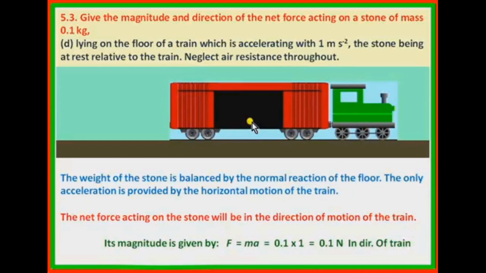Here the weight of the ball and the normal reaction force of the train balance each other. So the net force felt by this mass will be the mass times the acceleration of the train, that is 0.1 into 1, which is 0.1 Newton, the same as the train.